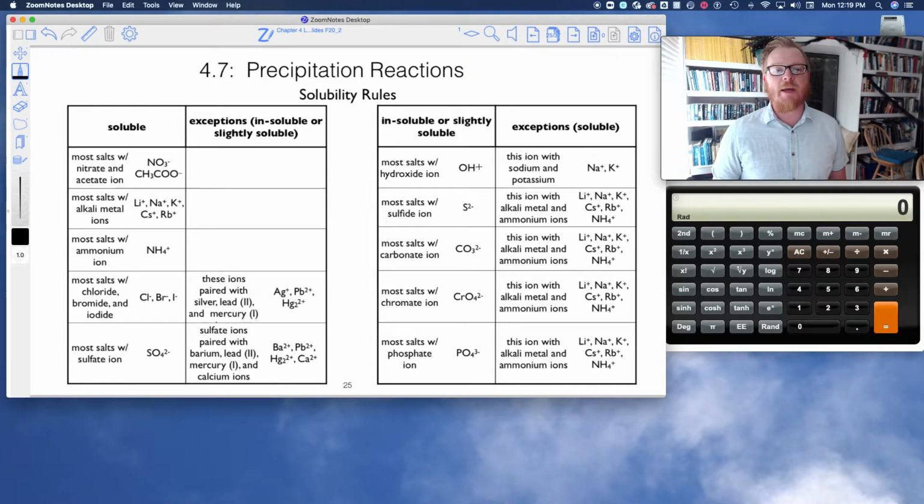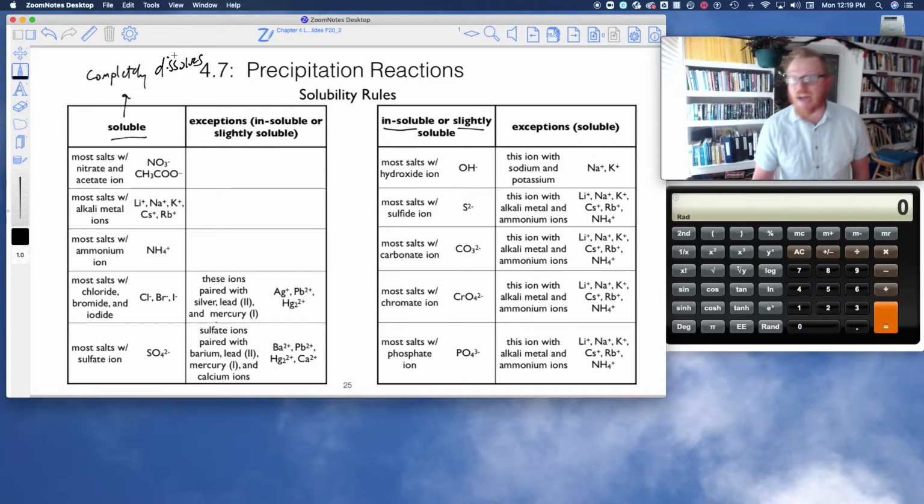So we have two separate charts. We have the soluble chart, and we have the insoluble or slightly soluble chart, okay? Soluble means it completely dissolves, and don't mix that up with completely ionizes, okay?